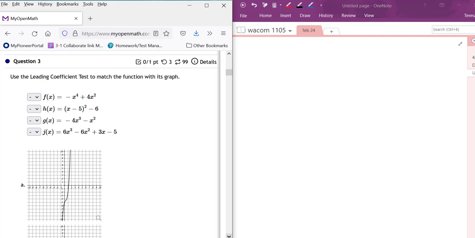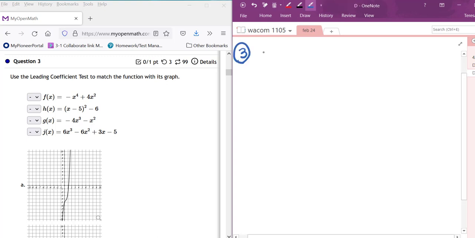And they want us to match each of these with their correct graph. And so what you're going to be looking at is the end behavior.